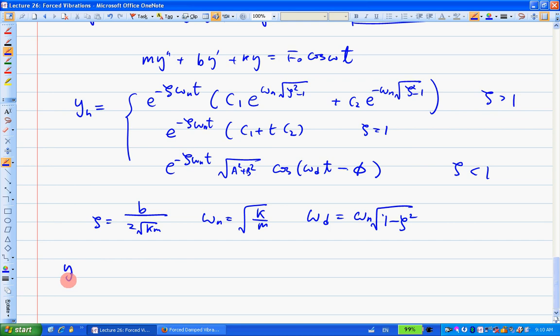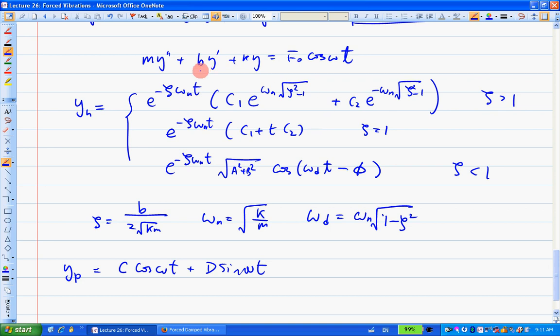So now the question is YP. YP has to be based on the input function here. The input is sinusoidal, so your lucky guess would be C cosine omega t plus D sine omega t. Now, for this particular case, you're guaranteed that you don't need to apply the modification rule. Why is that?